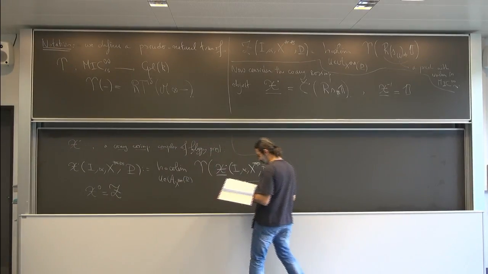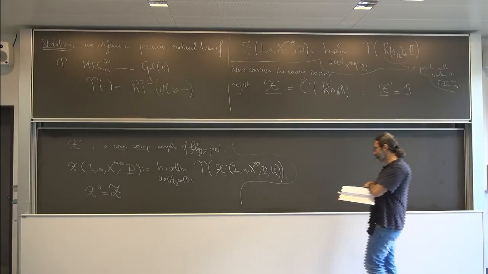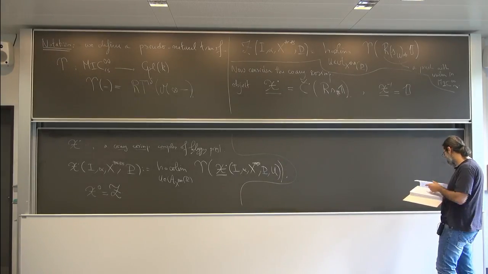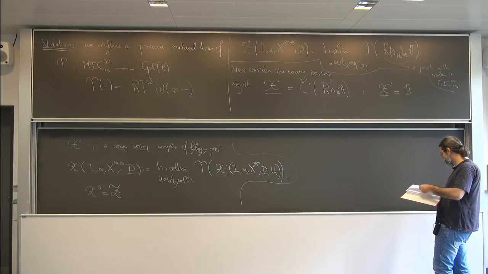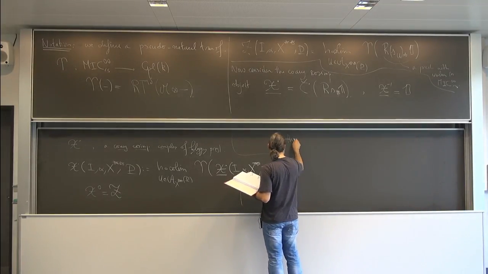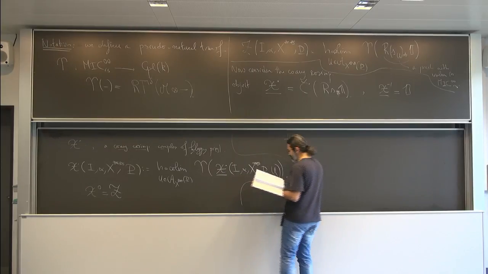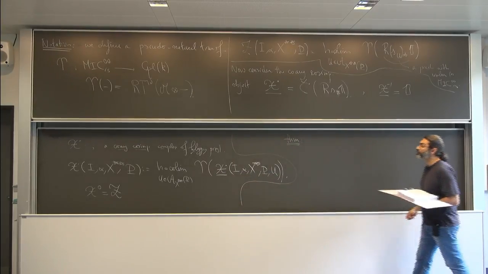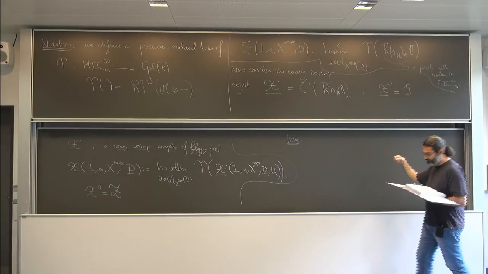Okay, so it's easy from the construction that we have the following statement. Let me maybe write it as a theorem, which follows from the previous theorem that I stated today and the construction.